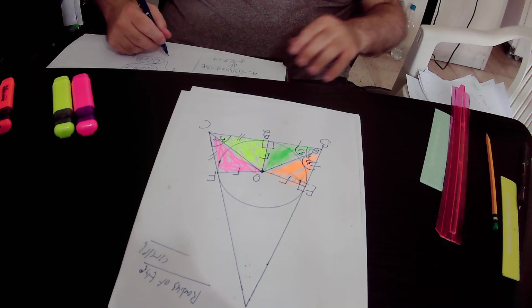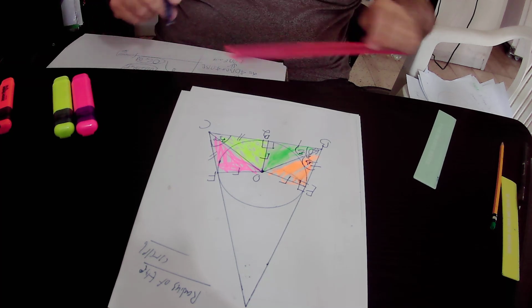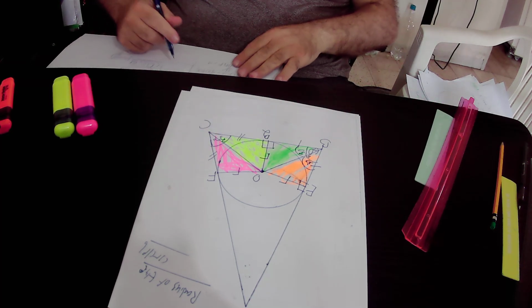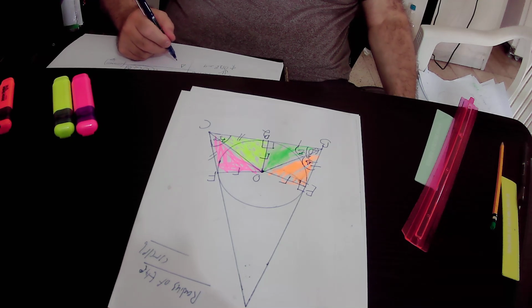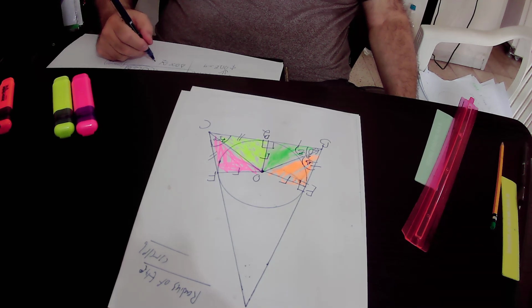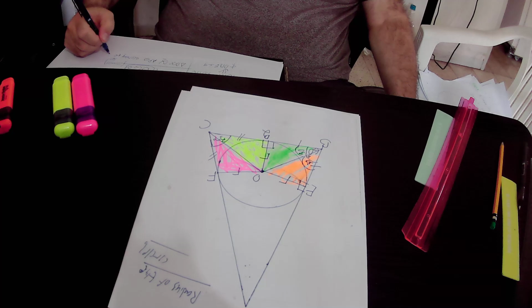So we found out that those two triangles can be mapped onto each other according to the side rule. So the yellow triangle DOC is congruent to the pink triangle FCO according to the side rule.